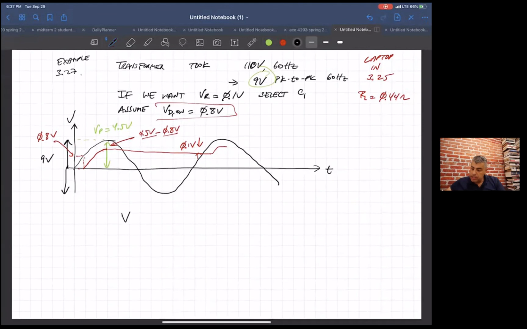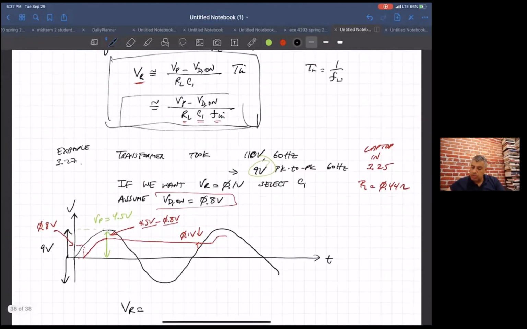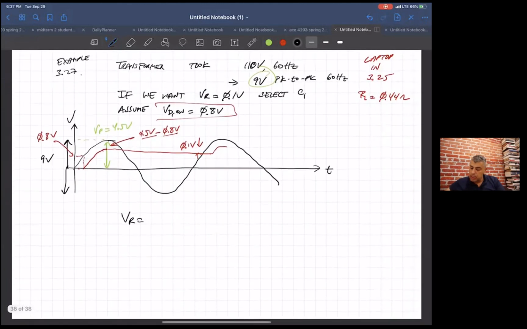Okay, so I'm going to use this equation for the ripple: Vp minus Vd on over R sub L, C sub 1, F in.